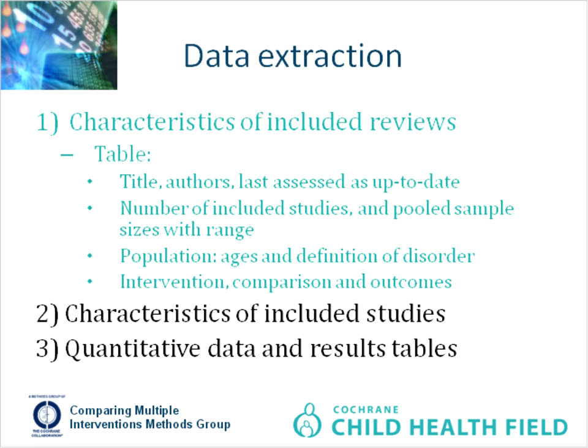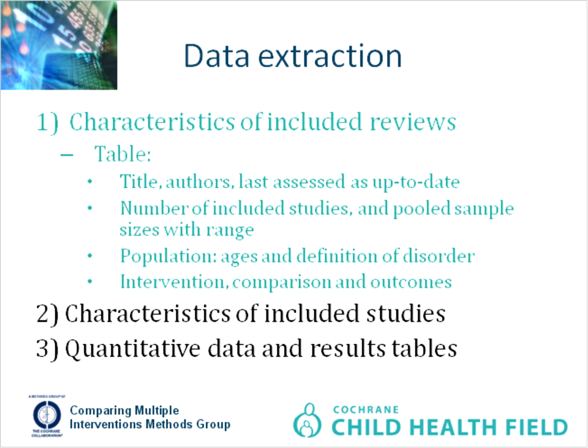The first type of data that we have to talk about is information about the included reviews. This is something that's unique to overviews that you don't have to consider in systematic reviews. We found that this information is best captured in a table format. There's various types of information that you need to extract for this.